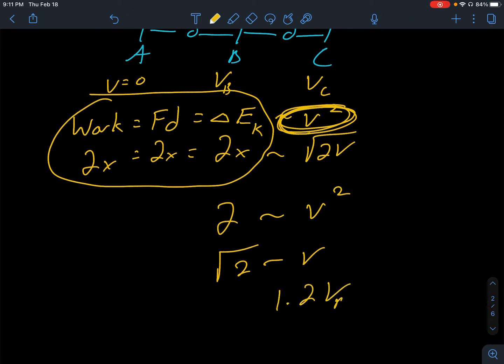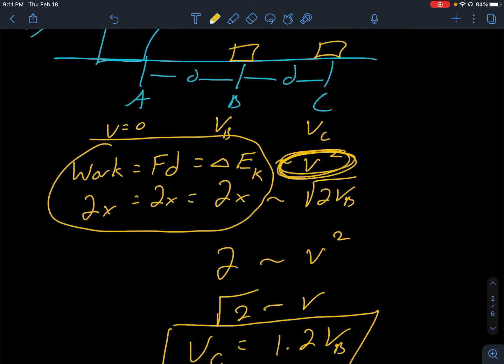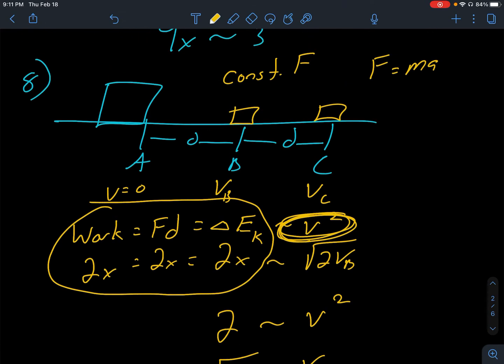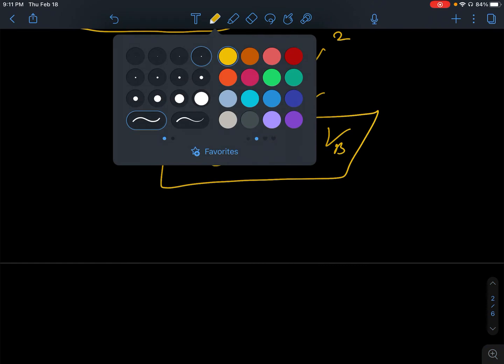So it's going to be about 1.2 times that VB, because that's what we're really talking here, or VC is the square root of 2 times that velocity at B, or 1.2 times as much. And again, if you want a more detailed algebraic explanation, be sure to check the Giancoli solutions. I'm going a little bit more conceptual here.